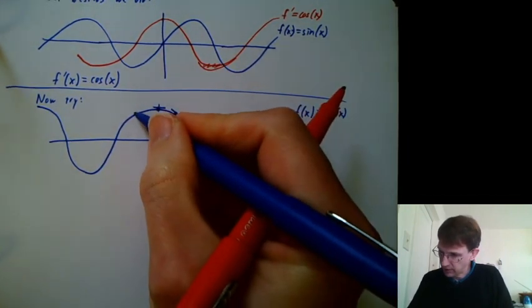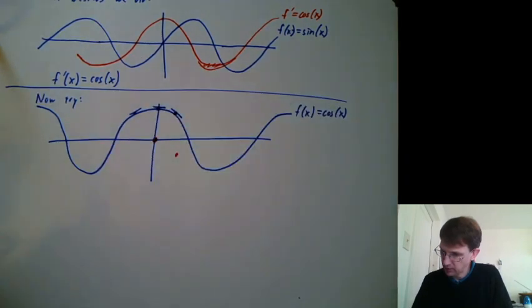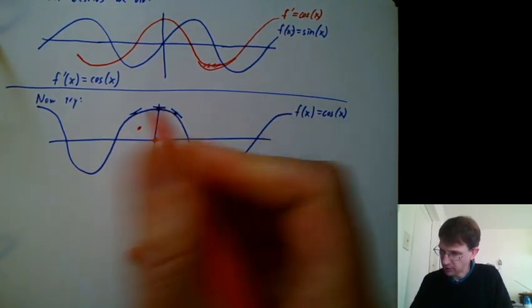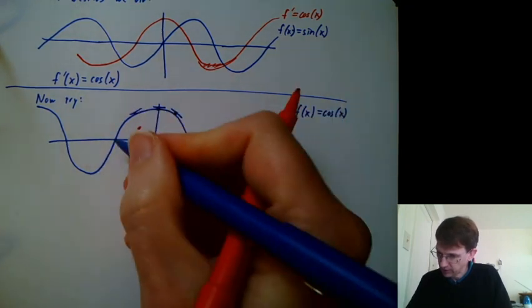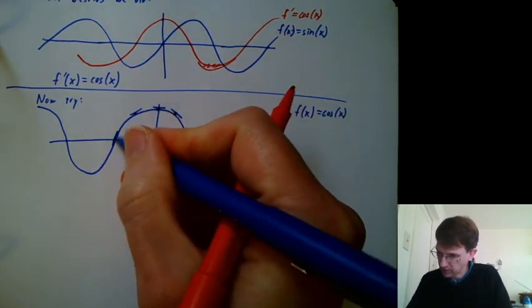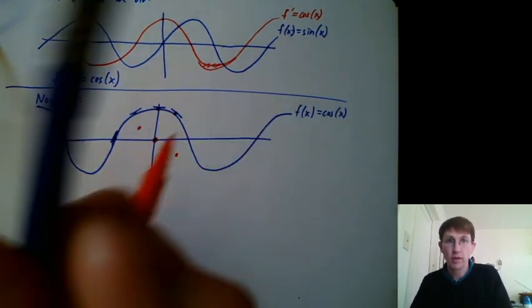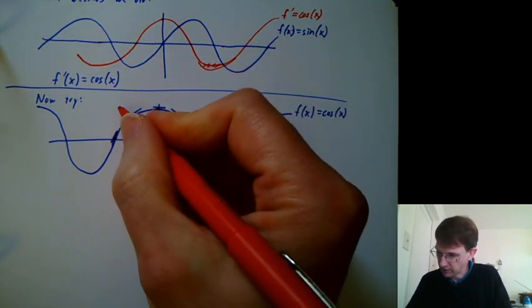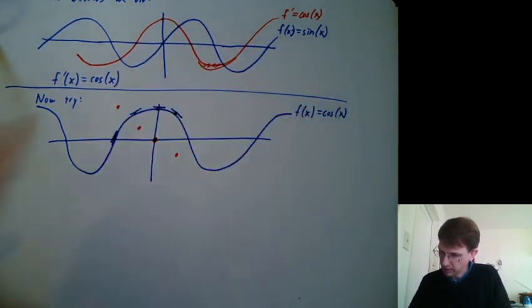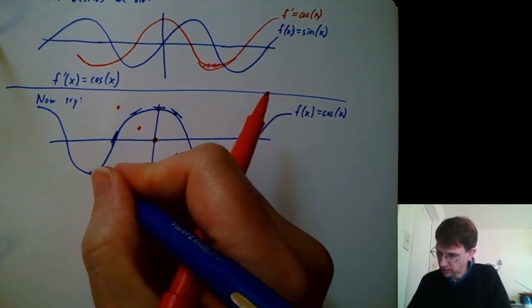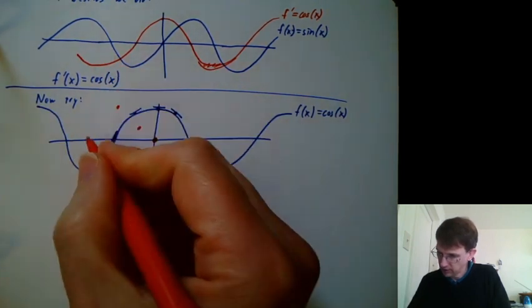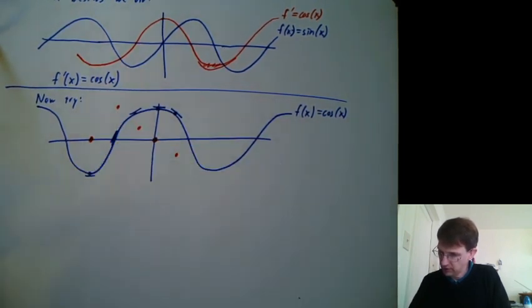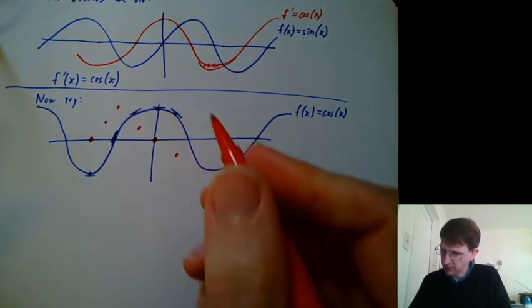The tangent line here would have a moderately positive slope, so I'm going to put a moderately positive value there. The tangent line here would have a pretty strong negative slope. Pretty strong positive slope, so we get that. And here I'd have a 0 slope, so I'd put a 0 value, and probably have something like that.